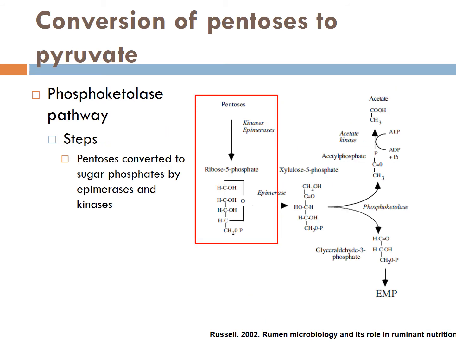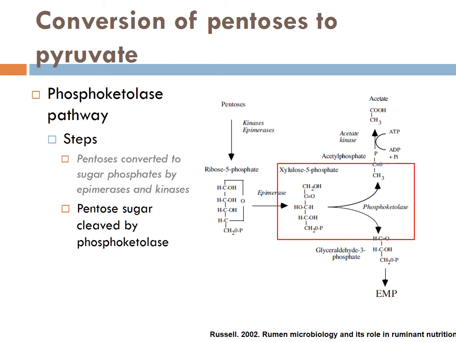The phosphoketolase pathway begins similarly to the pentose phosphate pathway, in that pentoses are converted to their sugar phosphates with epimerases and kinases. These pentose sugars are then cleaved by phosphoketolase, which gives the name of the pathway.